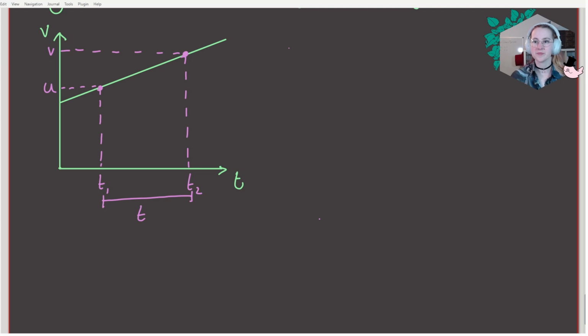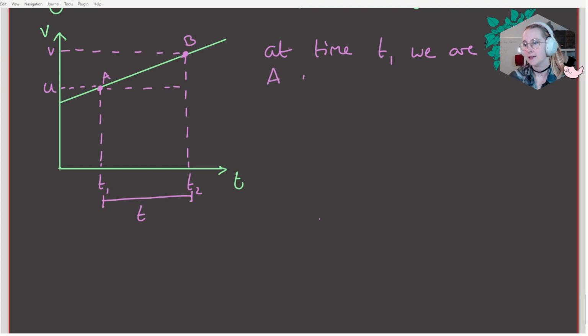I'm going to do that for a reason that will make sense. So let's label the points as well. Let's call them A and B. So at time 1, we are at A with velocity u.